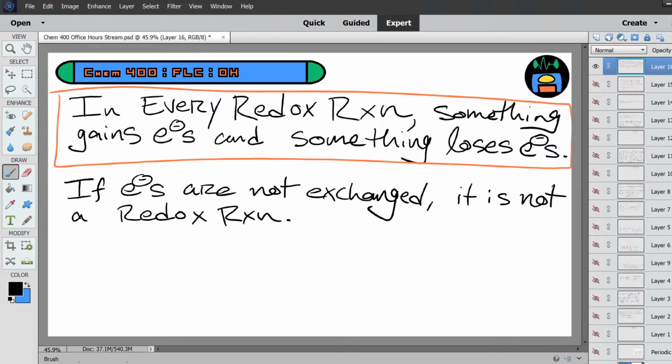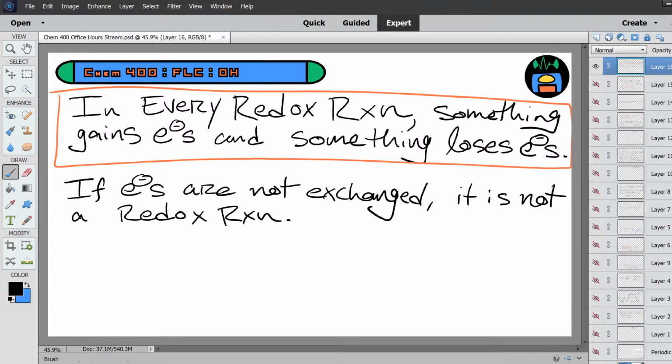So every time you're dealing with a redox reaction, something is going to gain electrons and something is going to lose electrons. If you can't find something that's losing and something that's gaining, then you're not dealing with a redox reaction. And if you're not dealing with a redox reaction, there will not be an oxidizing and reducing agent.